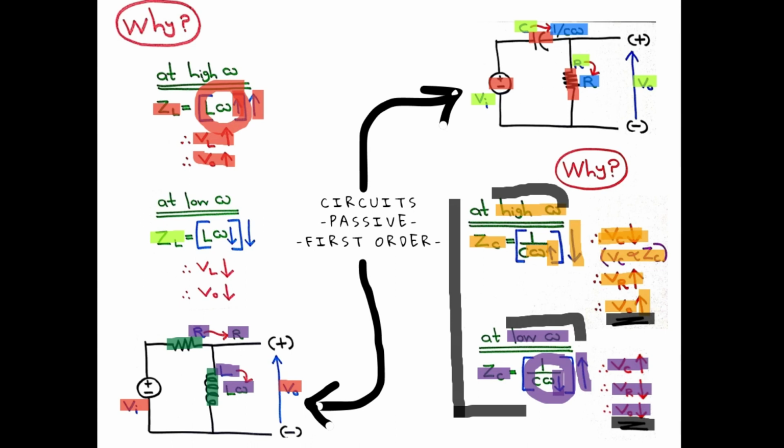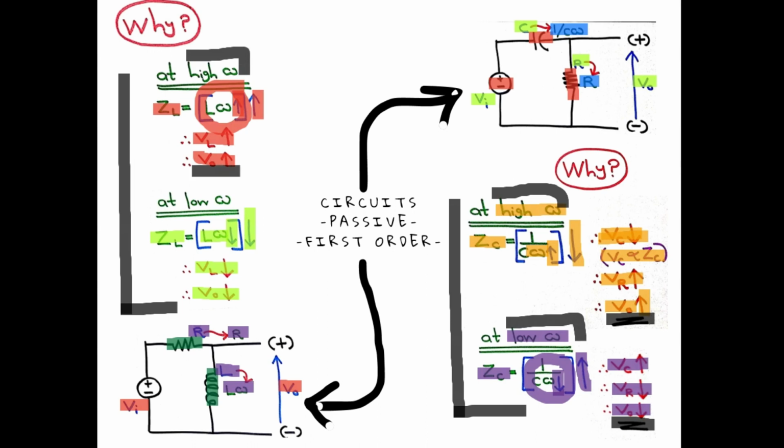When omega is low, this whole term is low. It means VL, the voltage across the inductor, is low. It yields Vout is also low. So now, according to all these details, we can get the conclusion that when the frequency of the input voltage waveform is high, the output terminal voltage is passed without any attenuation.